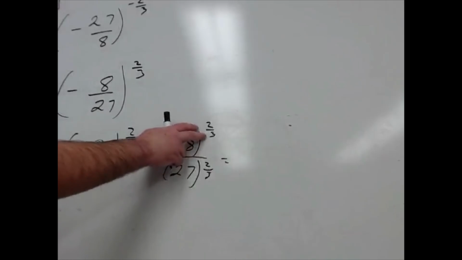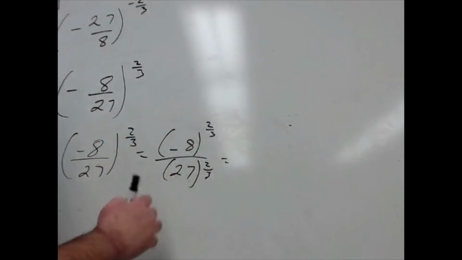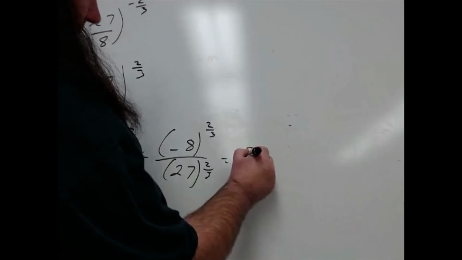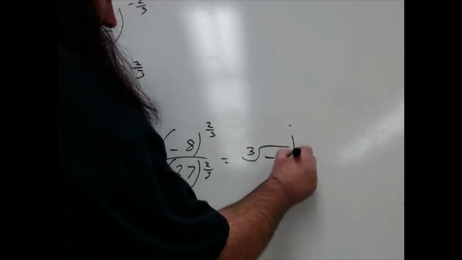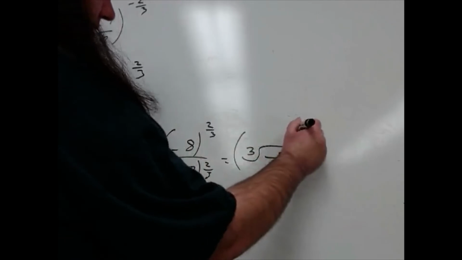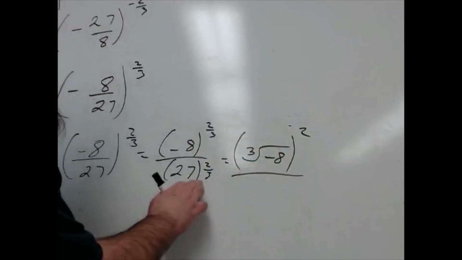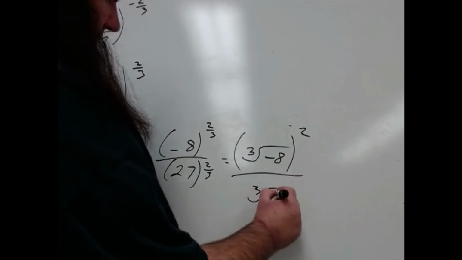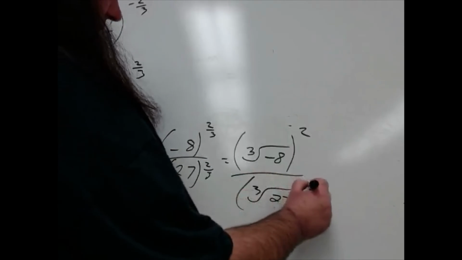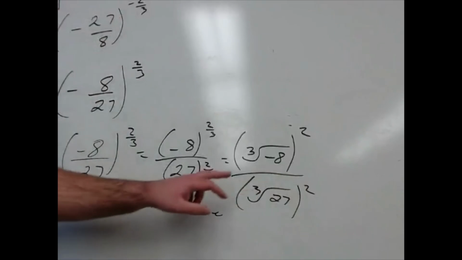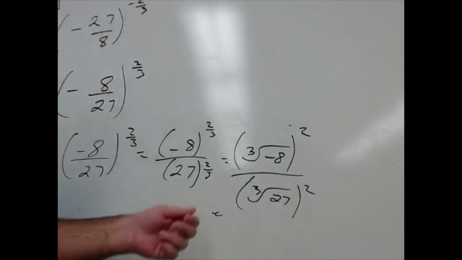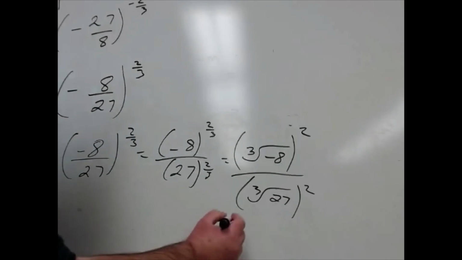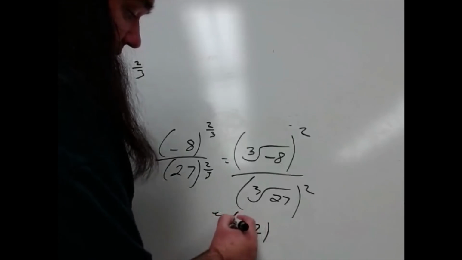Cube root, since my denominator is 3, so this is cube root of negative 8. Numerator is 2, so square. Cube root of 27, and then square it. Well, the cube root of positive 8 is 2, so the cube root of negative 8 would be negative 2. Then I square it.